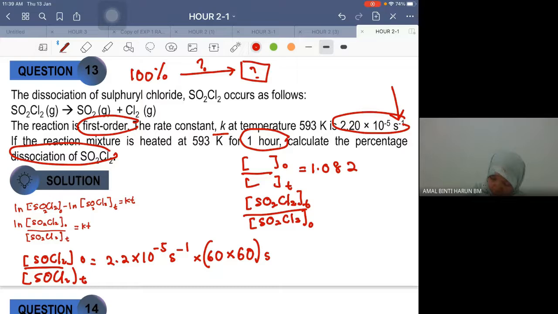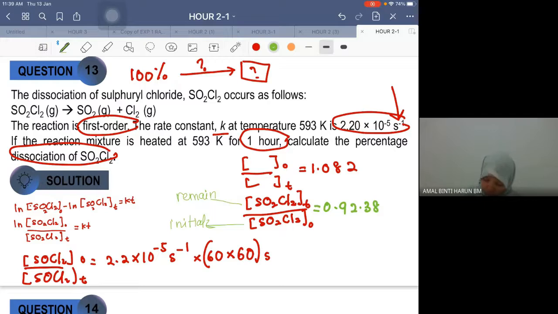Maksudnya apa? Yang ni, ini adalah yang remain, ini adalah yang initial. Okay, so it's equal to 1 over 1.082. Kita dapat fraction dia adalah 0.9238.